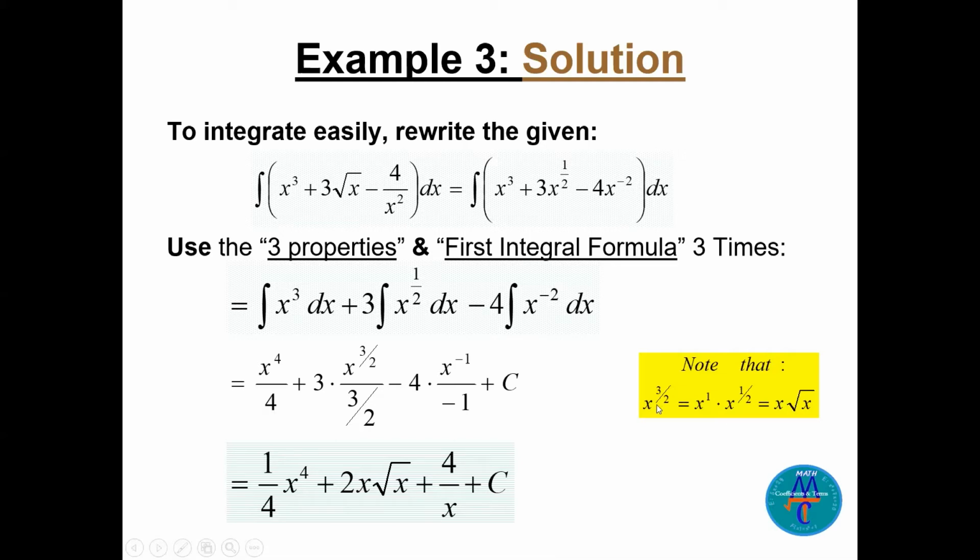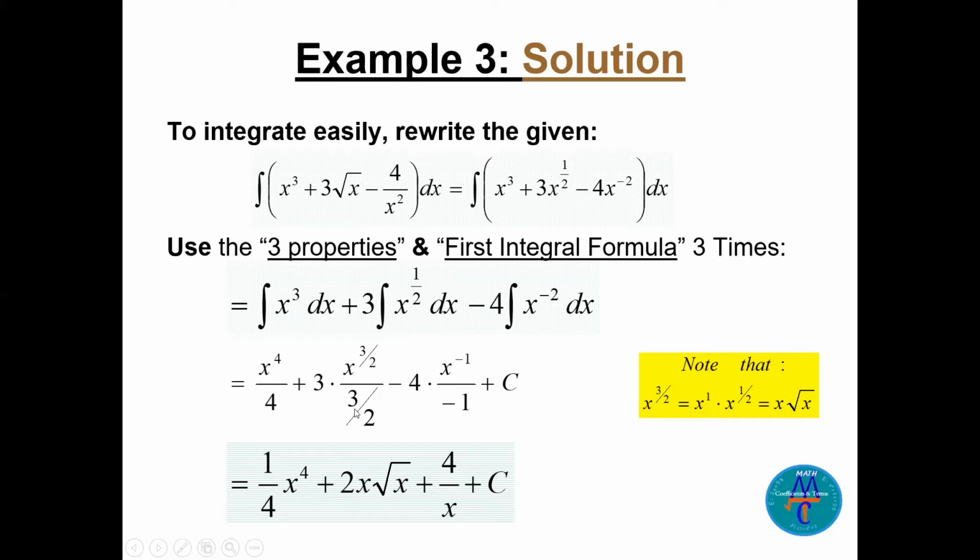If you want to do that, x to the power 3 over 2 will be x to the power 1 times x to the power half. Because when you add the power here, 1 plus the half, it will be 3 over 2. So you can leave the x times the square root of x. If you want to use this idea, you can use it, or you can leave here x to the power 3 over 2, or you can leave it as x times square root of x.